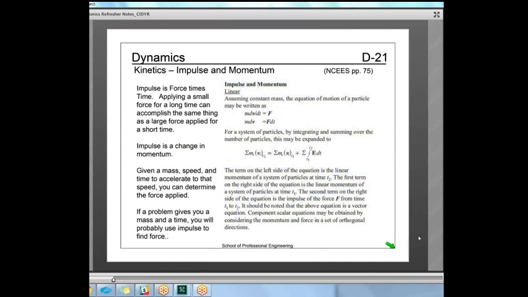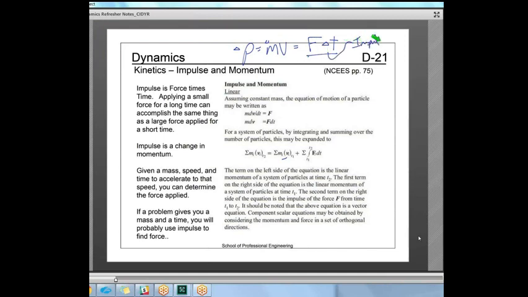Well, let me show you how I would write this. I would say that p equals mv. And a change in momentum is provided by a force over a given amount of time. F times delta t is what we call impulse.